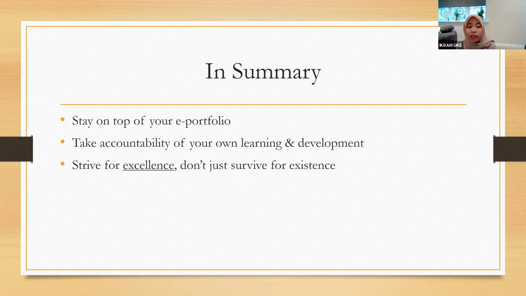Secondly, I think you need to take accountability of your own learning and development, because no one else would do it. No one else would pressure you to learn and grow if it's not you. So take accountability, take ownership of that responsibility. And lastly is to strive for excellence, and don't just survive for existence.